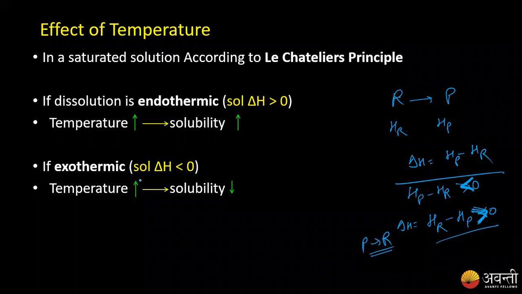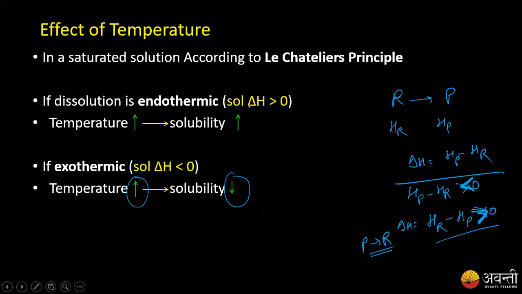For exothermic reactions, as you increase the temperature, solubility is going to decrease. Clear? Quickly click on yes if you are clear, and if you are in doubt, quickly write in the chat section.